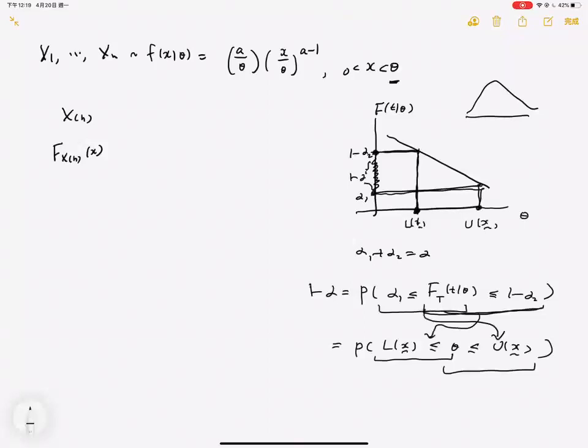Drawing a graph, you will see what happens. But of course, you need to make a judgment call on whether or not it's a decreasing function of theta. I'm guessing using Xn as the statistic T, I'm going to derive Xn's CDF.